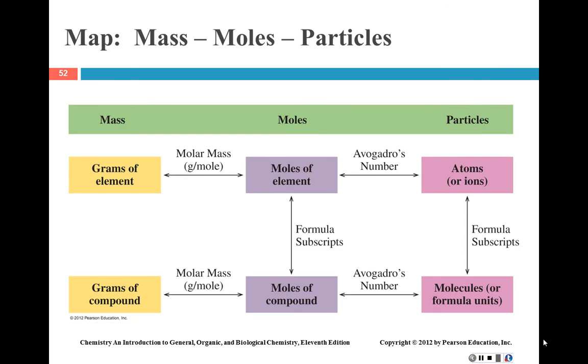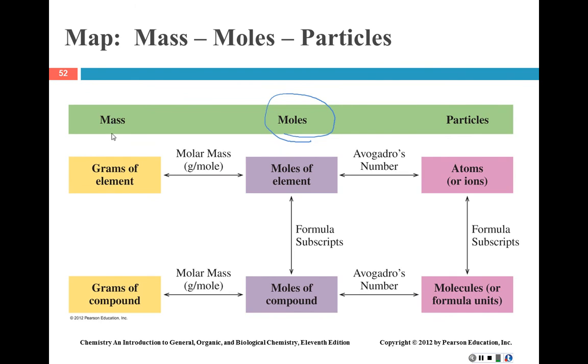So whenever we're going to do a calculation in chemistry, usually you have to go through moles. I tell my students that it's kind of like if you want to get anywhere from the south, you've got to go through Atlanta. So to get anywhere in a calculation, you have to go through moles.